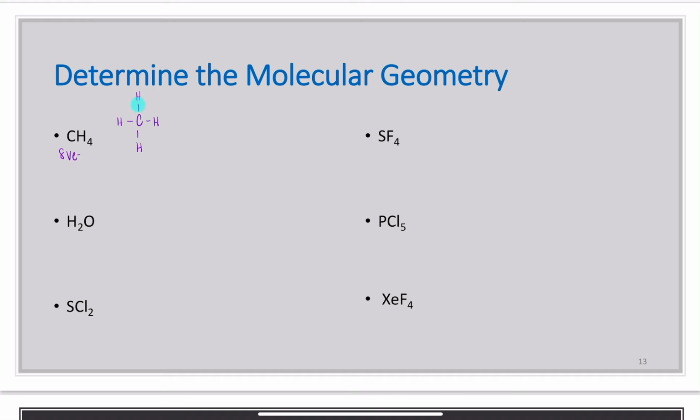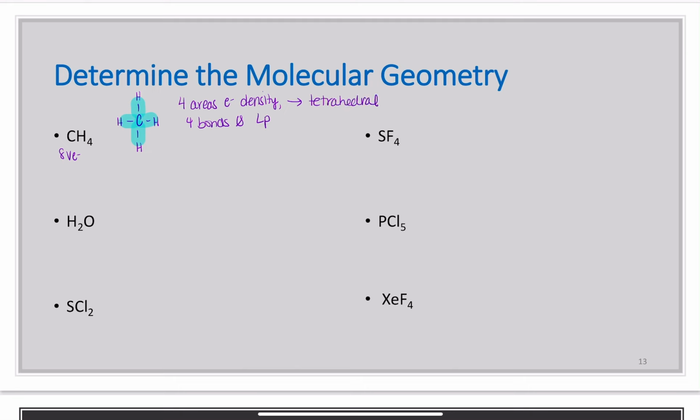If I look at this, I've got 1, 2, 3, 4 areas of electron density. And within that, I've got 4 bonds, 0 lone pair. Now, that 4 areas of electron density tells me tetrahedral.